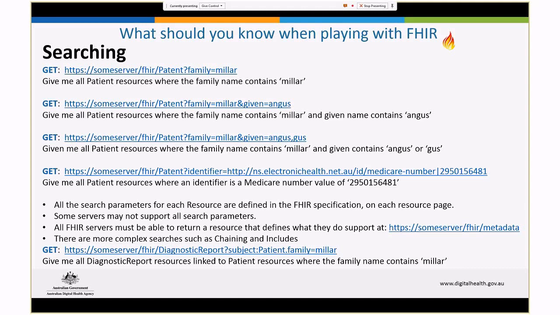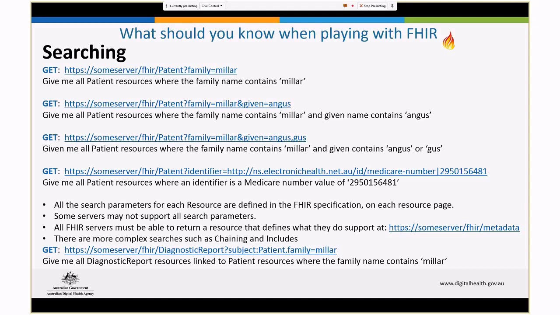So how do I know? Every FHIR server, the one mandatory thing in FHIR servers is that you can't call it a FHIR server unless it can return this thing called a metadata resource, which is just another resource, and it should always be at your server /metadata. And it's a resource which will tell you what this server can do. And it will list that for patient resources, I support these search parameters, and it'll list them all for every resource.